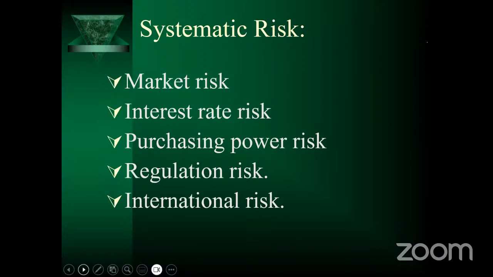Where interest rate fluctuates, what will happen? It affects the debt securities. Debt securities, that means debentures or bonds, loan type instruments, as they carry a fixed rate of interest. Let's say I am a particular organization issuing debentures.